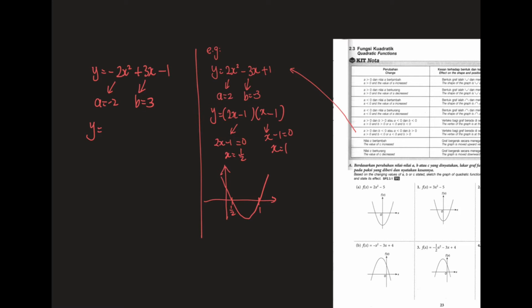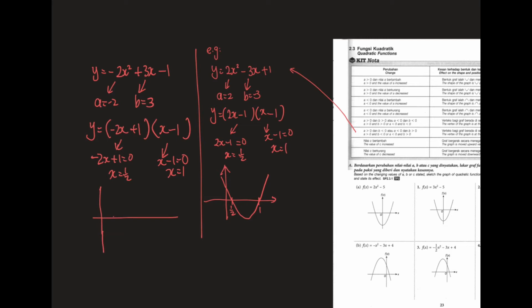So negative 2x plus 1, x minus 1. Okay, yes. Now negative 2x plus 1 equal to 0, then x equal to 1 over 2. x minus 1 equal to 0, x equal to 1. Okay, so again, the graph is kind of similar.